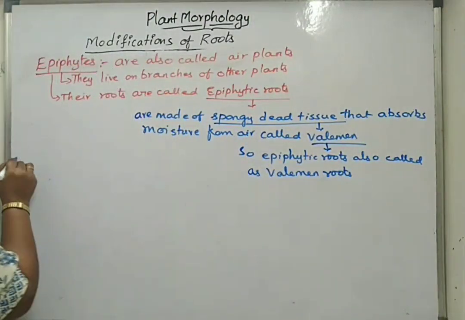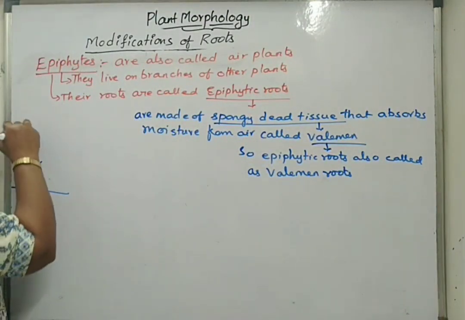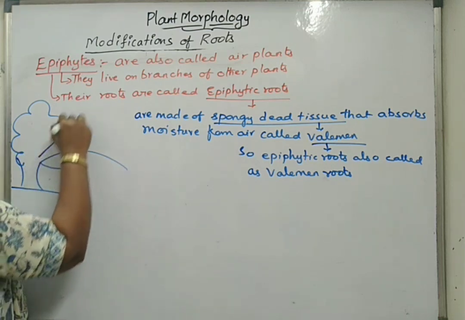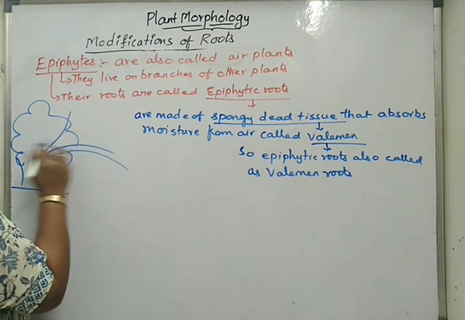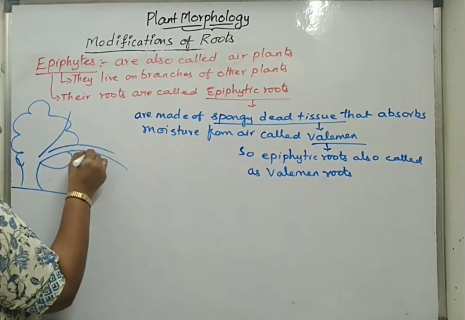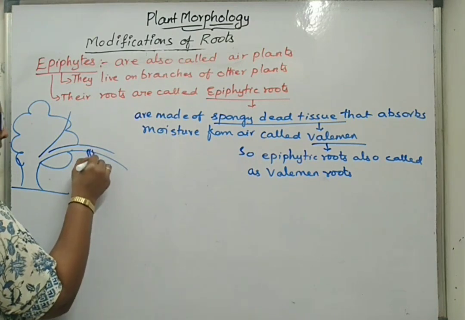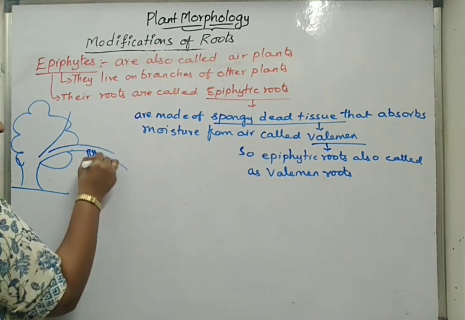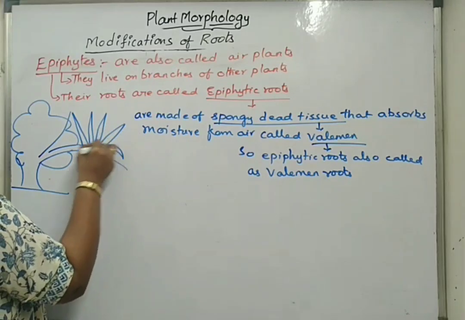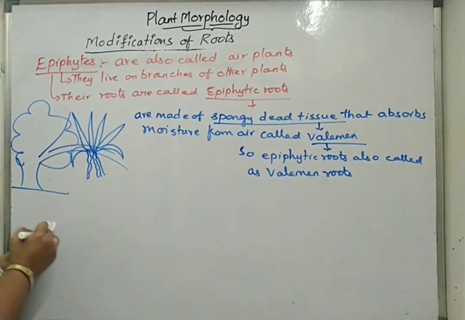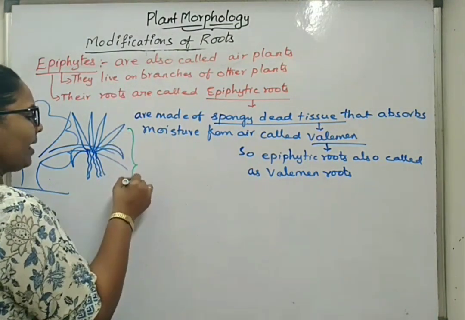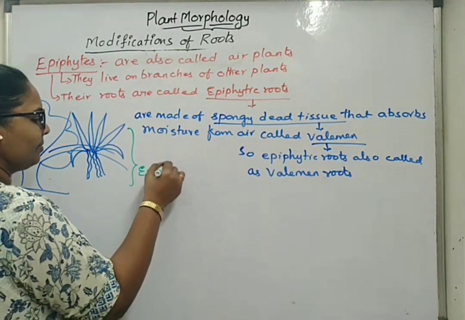First, suppose this is a big plant that is growing, and these are the branches of this huge plant. Then the epiphytic roots are clinging from the main branch. We can give a term like the whole plant is epiphyte.